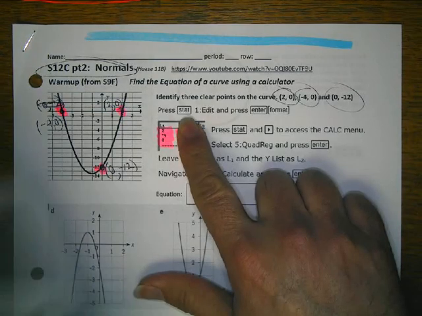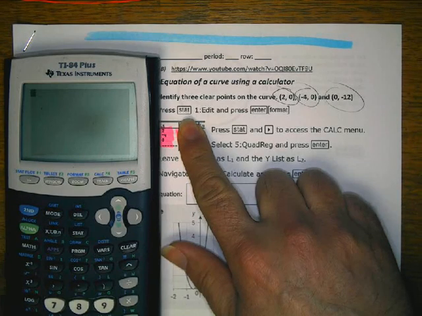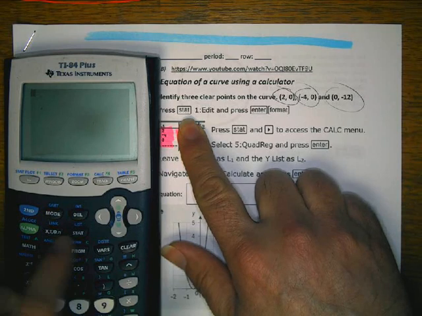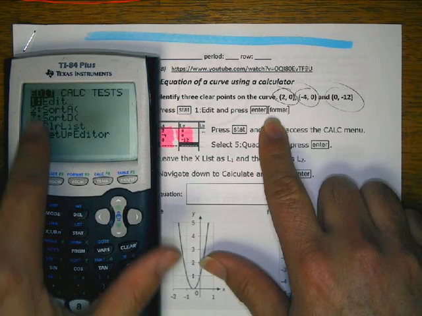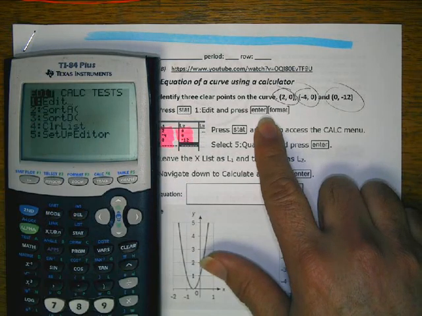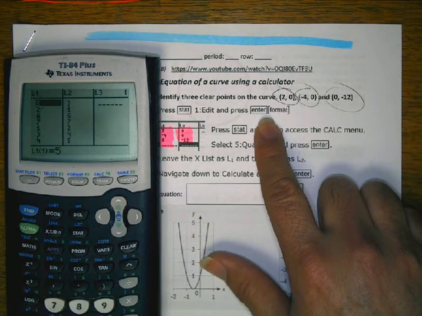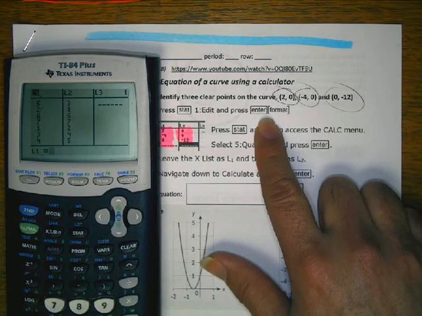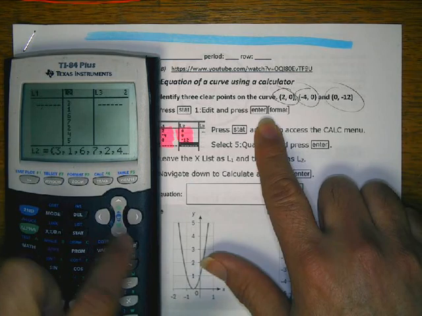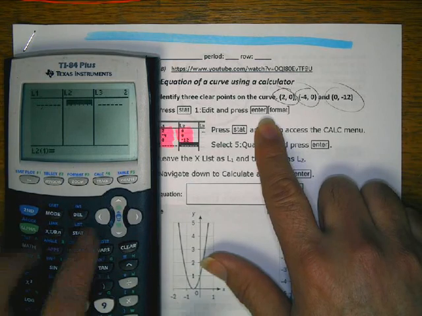So here's my calculator. I'm going to hit stat, and then hit enter because I want to edit. I want to clear this stuff. I can go to the top and hit clear and enter. I'm going over here, clear and enter. Let's start with some fresh columns.